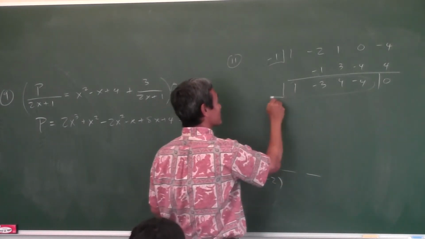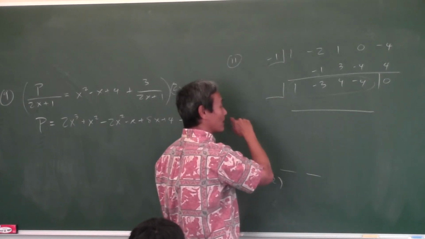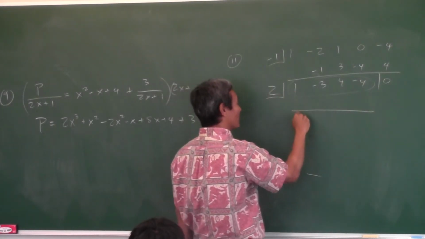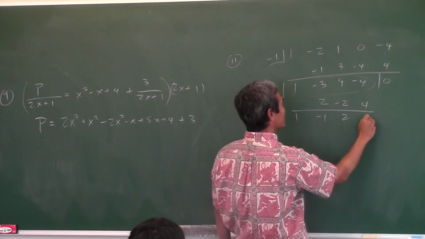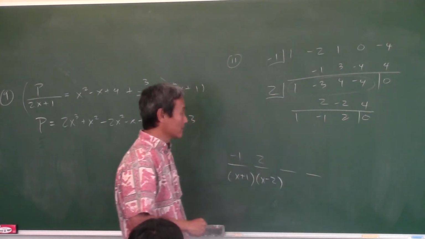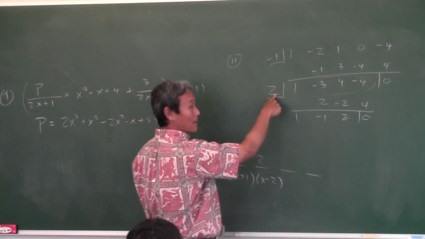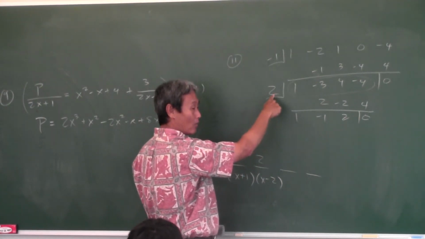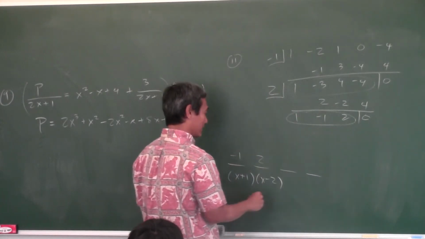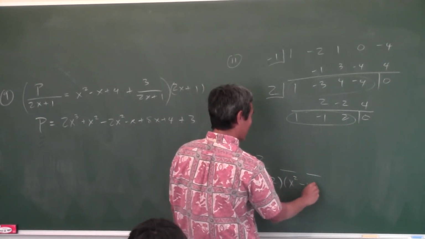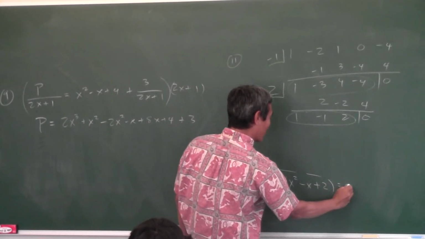So I do synthetic division again, and what do I put in the box? 2. So drop the 1 down: 1, 2, -1, -2, 2, 4, 0. The remainder better come out to 0. See? And that's why x minus 2 is the other factor. And what's the other factor going to be? You look at the depressed coefficients: x squared minus x plus 2 equals 0.